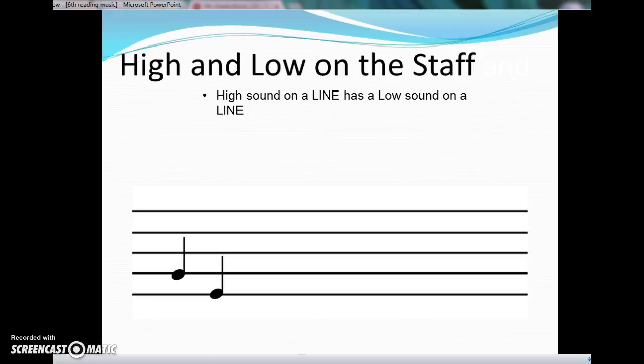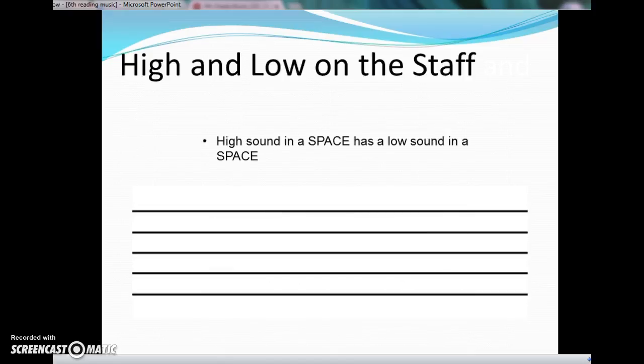They are both on a line. We can also have high sounds that are in a space and low sounds that are in a space. But if you have a high sound in a space, you will see that it has a low sound in the space. Okay, so regardless of where your high and low sounds are, they will together be on a line or in a space.